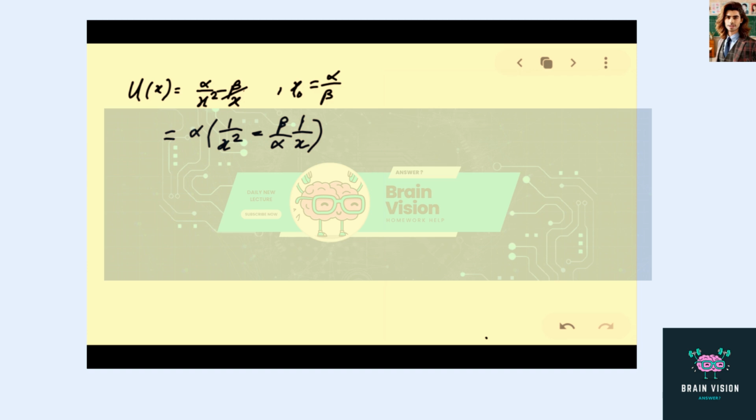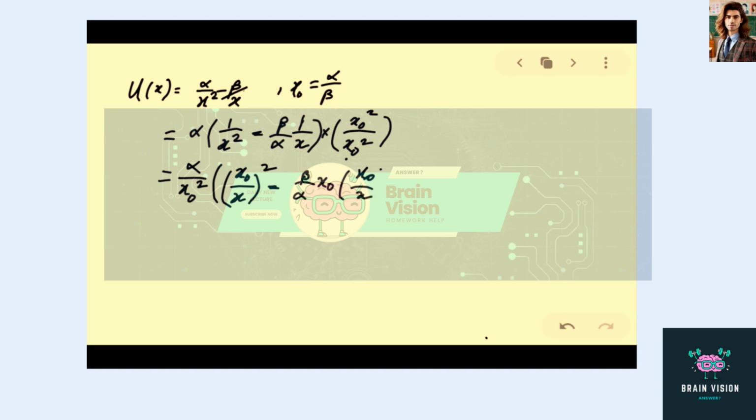Now, to get the expression that we want, we multiply everything by x naught squared over x naught squared. This doesn't change anything because this is just 1. We take the denominator out, and bring the numerator in, so we get x naught over x squared minus beta over alpha times x naught times x naught over x.